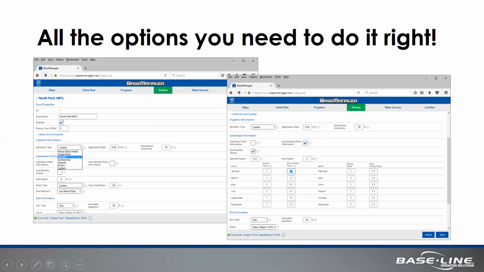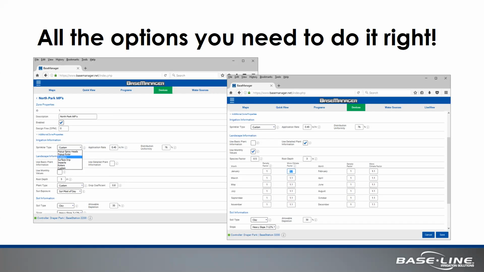With weather access, it gives us the ability to provide those inputs for the site as it relates to sprinkler type or plant type or soil type and slope. And it gives us the ability to use specific species factors so that we can accommodate for density factor or microclimate factor throughout the different times of the year by month, so that we can, as closely as possible, follow the natural ET bell curve for different plant materials.